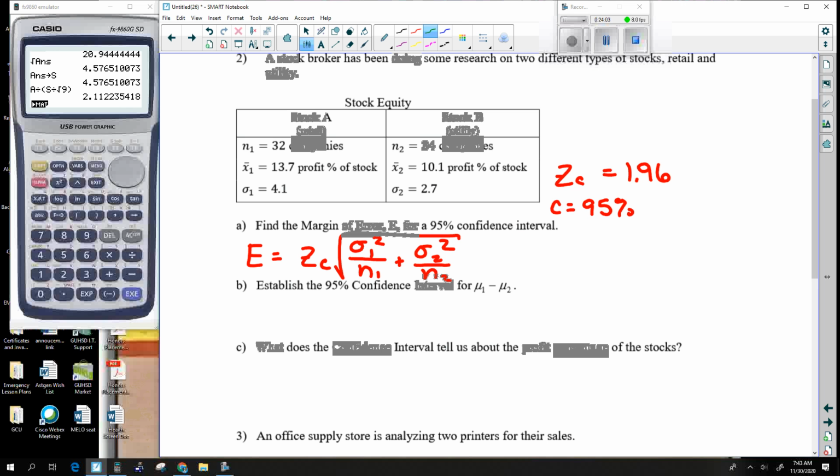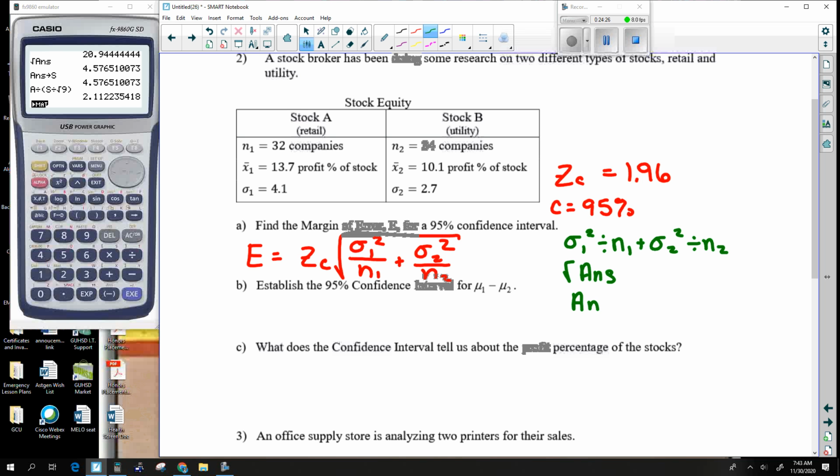Very specifically, what I type in and how I accomplish this is I take sigma 1 squared divided by N1 plus sigma 2 squared divided by N2. I square root that answer. And then I take that answer and I multiply by the ZC.